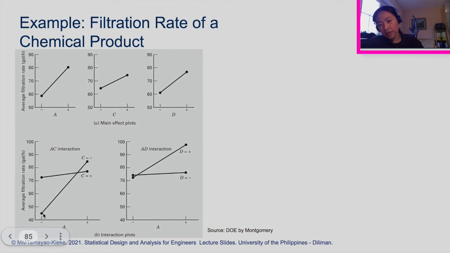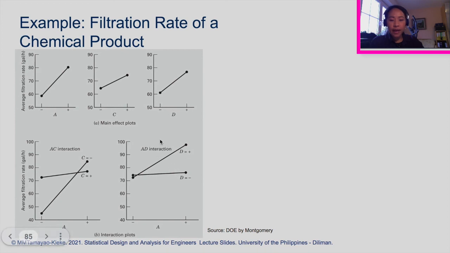So very low value of average filtration rate at low level of A and low level of C, and then it becomes high, much higher than that of a high level of C, at high level of A. And of course that's why we detected a significant interaction for AC here.